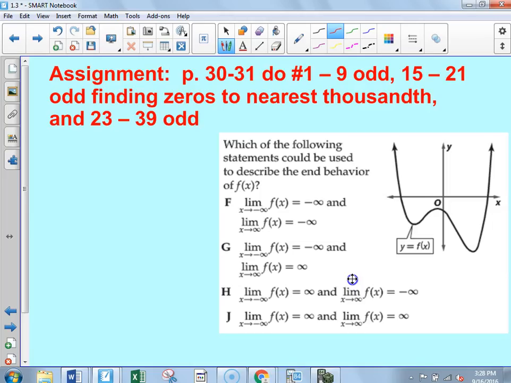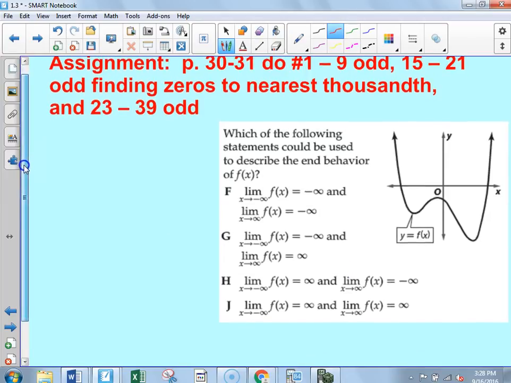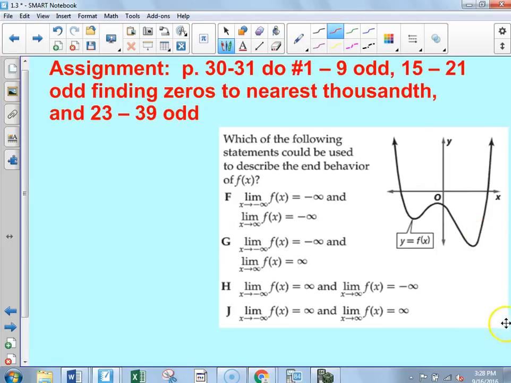I don't want you to miss this last question. This is your ticket out the door. See if you can look closely at these and tell me which one is listing the end behavior correctly. Both ends are doing what?